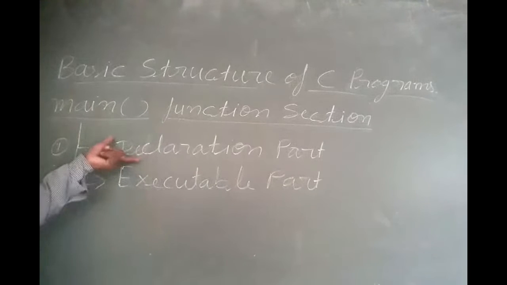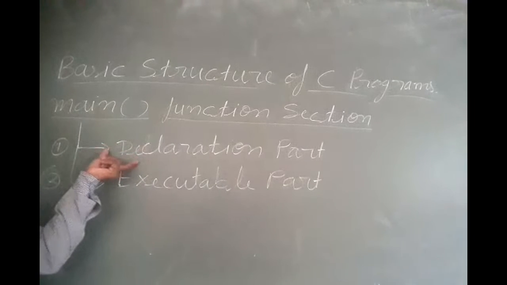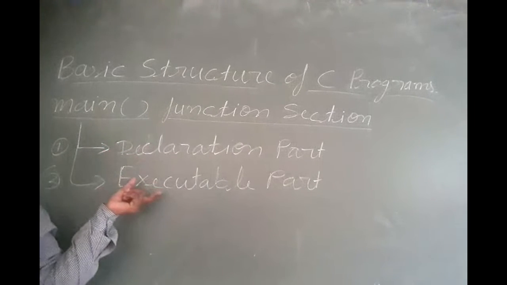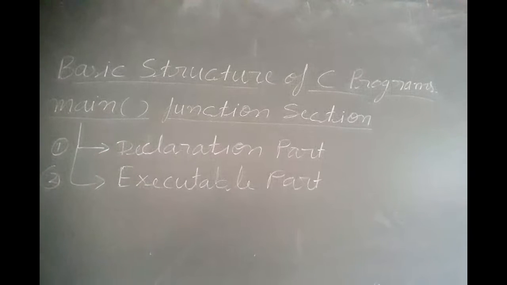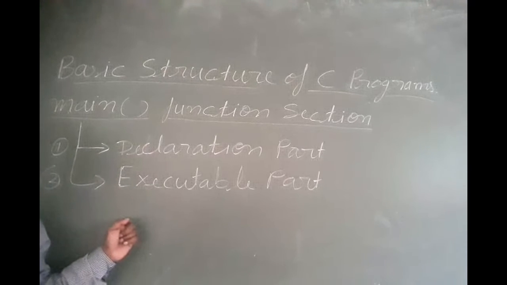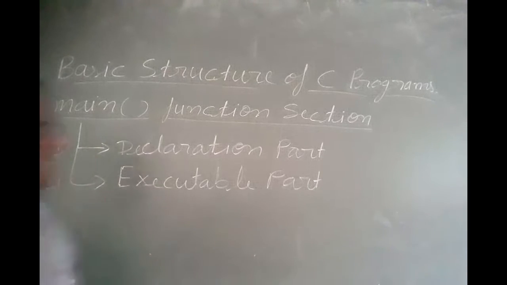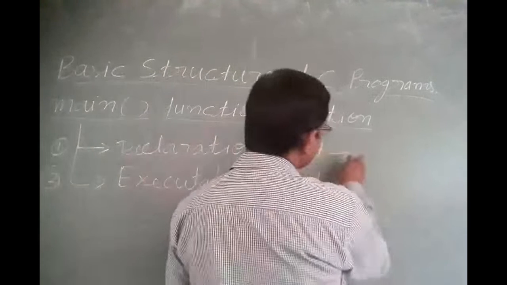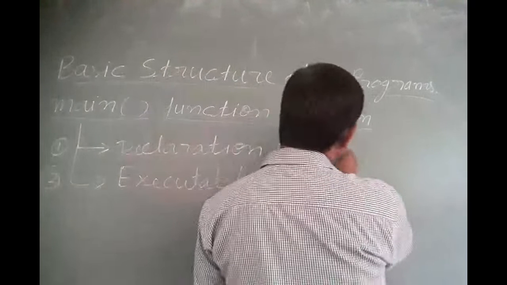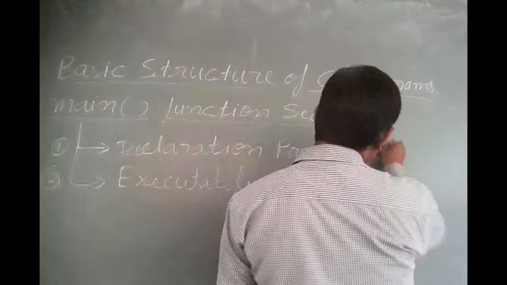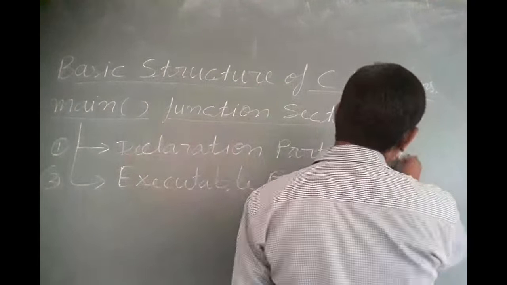So in the declaration part, we should declare all the variables that will be used by the executable part. Here in this part we declare all variables, and those variables are used by the executable part.